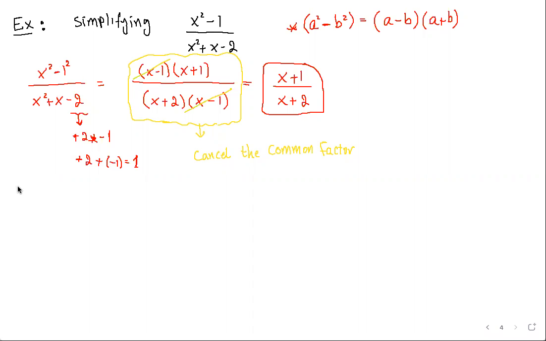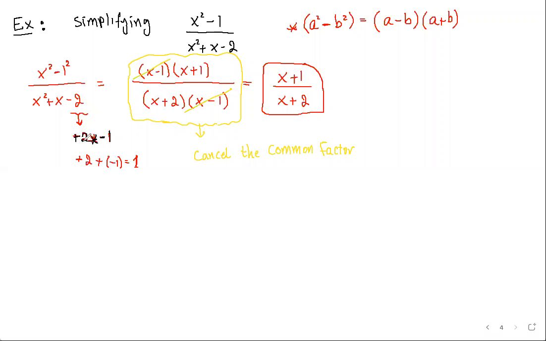I have a question. What kind of symbol do you have next to the 2? Here, this is plus 2, and next to it is minus 1, so 2 times negative 1.